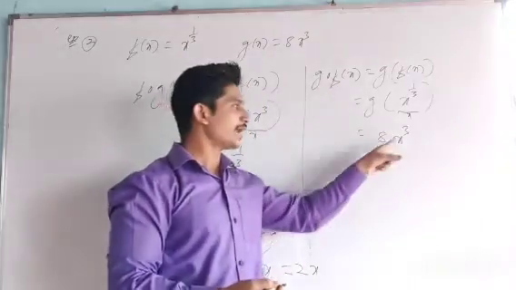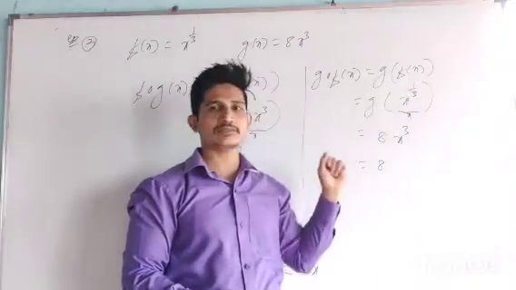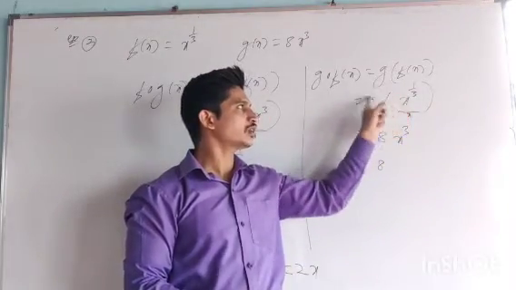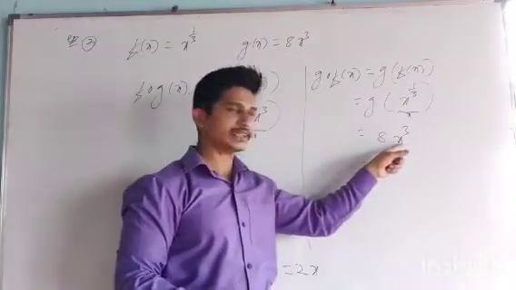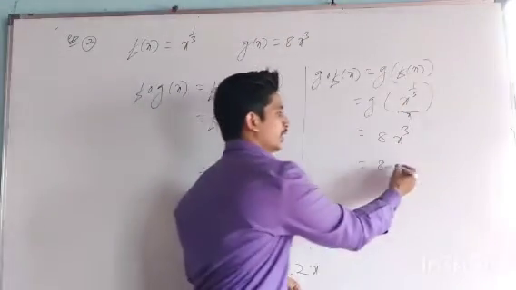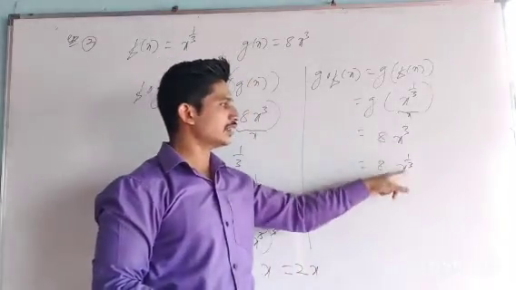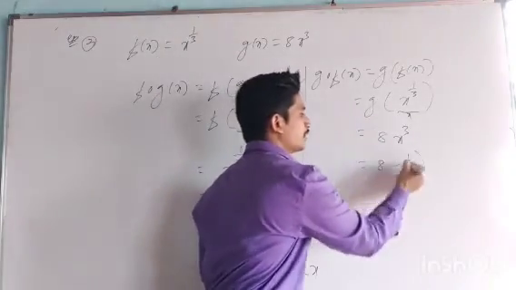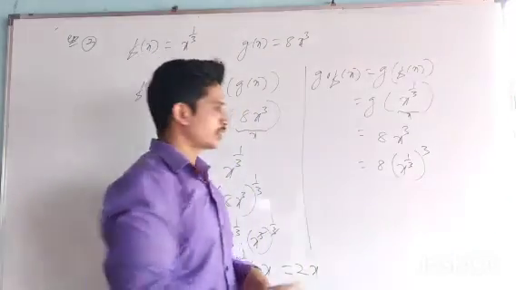What is the value of x? X raised to 1 by 3. So where x is there, write x raised to 1 by 3. Its power is 3.